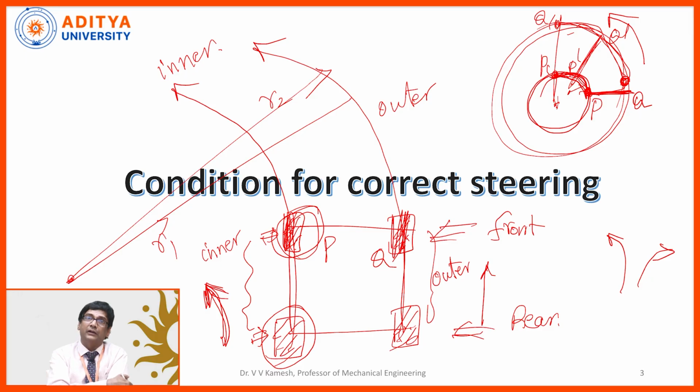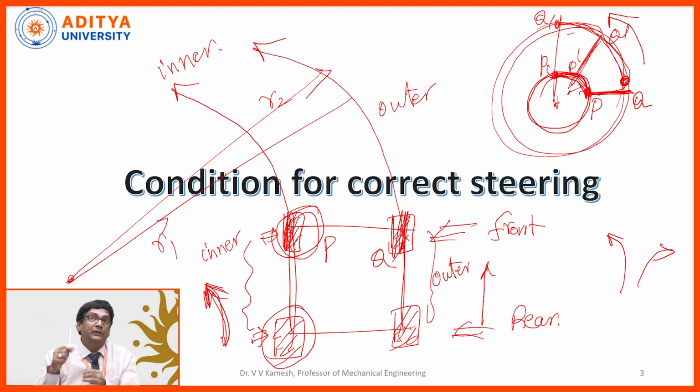So, definitely the outer wheel has to travel more distance than the inner wheel, but remember the P and Q are attached. How can we make it in a particular circle, whenever the vehicle is moving like this? Suppose, look at my hand, this is P and this is Q. While I am traveling on a road in a circular way, how can I make it such that P has to move a lesser distance and Q has to move a higher distance?